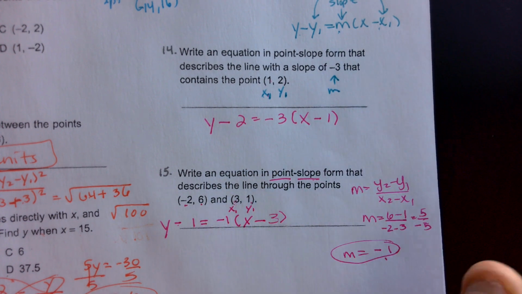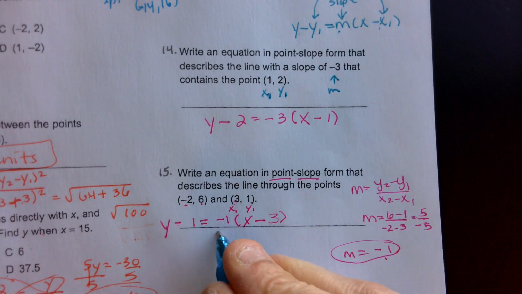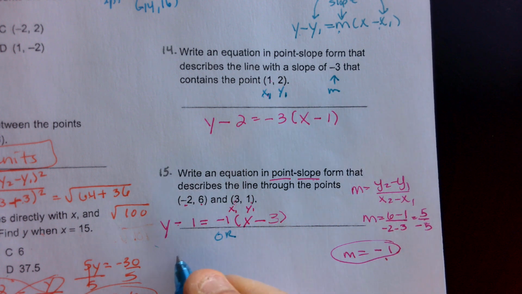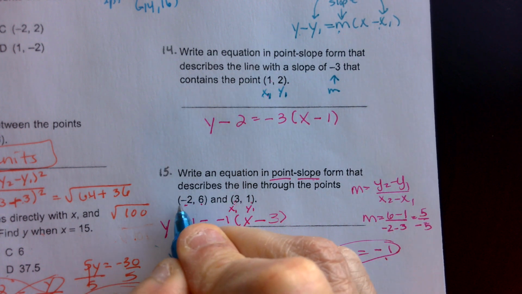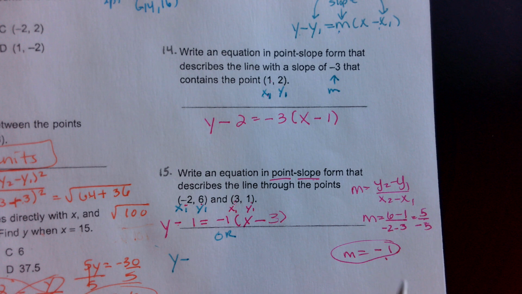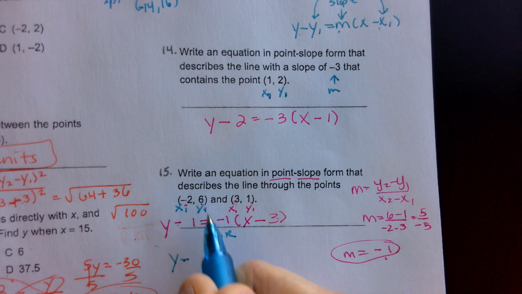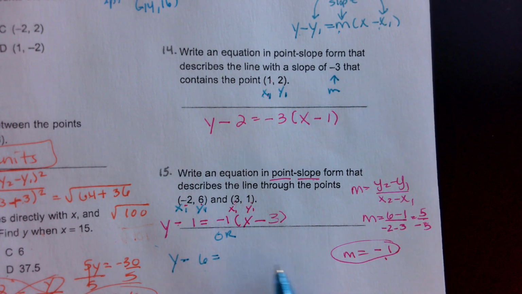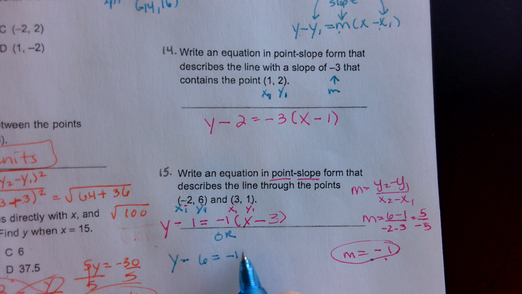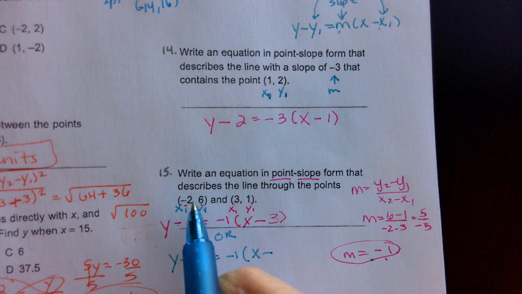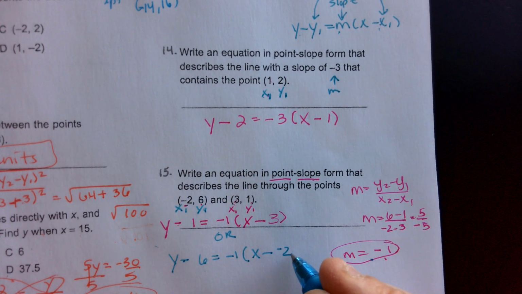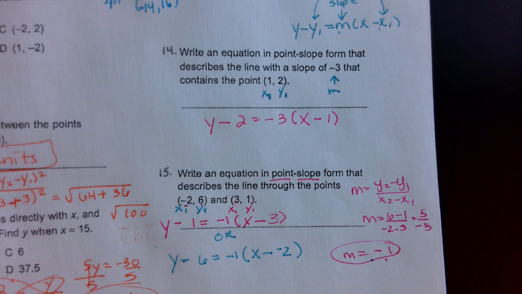Done. Or y minus, now I'm going to use this one, x1, y1. Remember the x always comes first in the coordinate. So y minus the y1, 6 equals slope, same slope, times x minus x1. Okay, either of those would be acceptable, and if you change that, that's all the better, but I'll accept either.